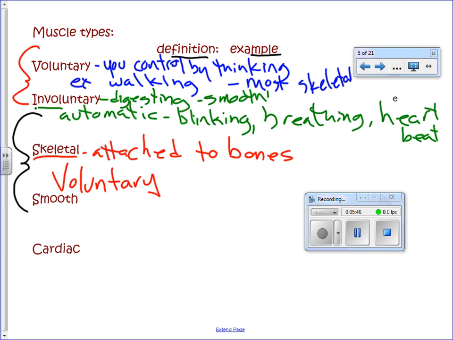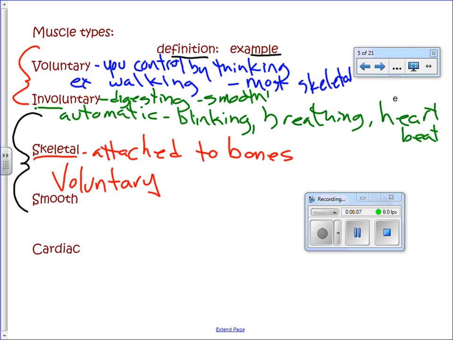The reason I said you kind of can is because by relaxing or thinking about it, you can calm down your heart rate. If you're really stressed out, your digestive system doesn't work as well. So for the most part, they're not under conscious control, but you can control it to some extent.